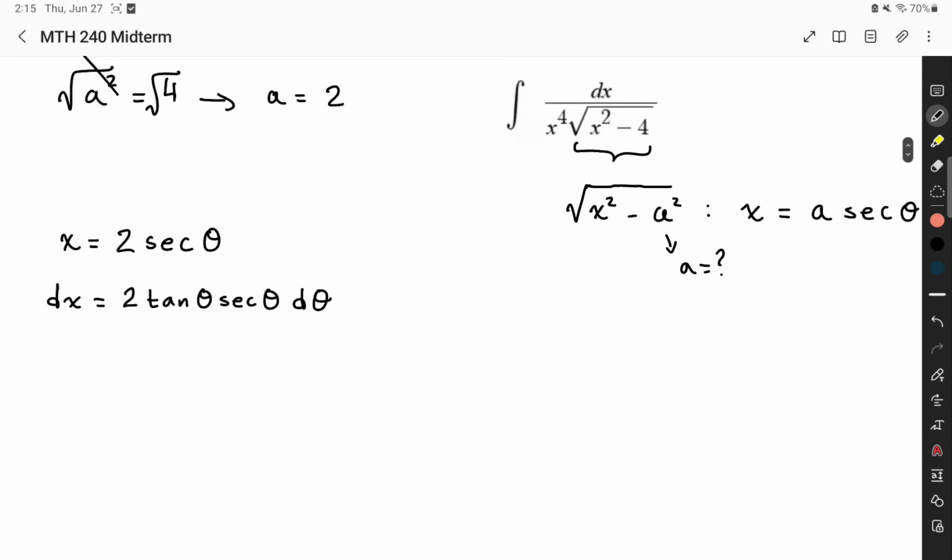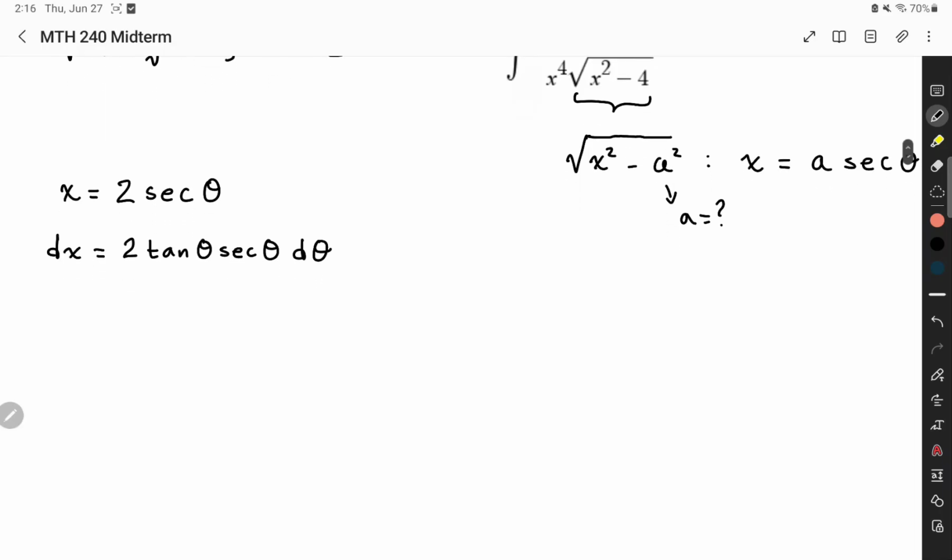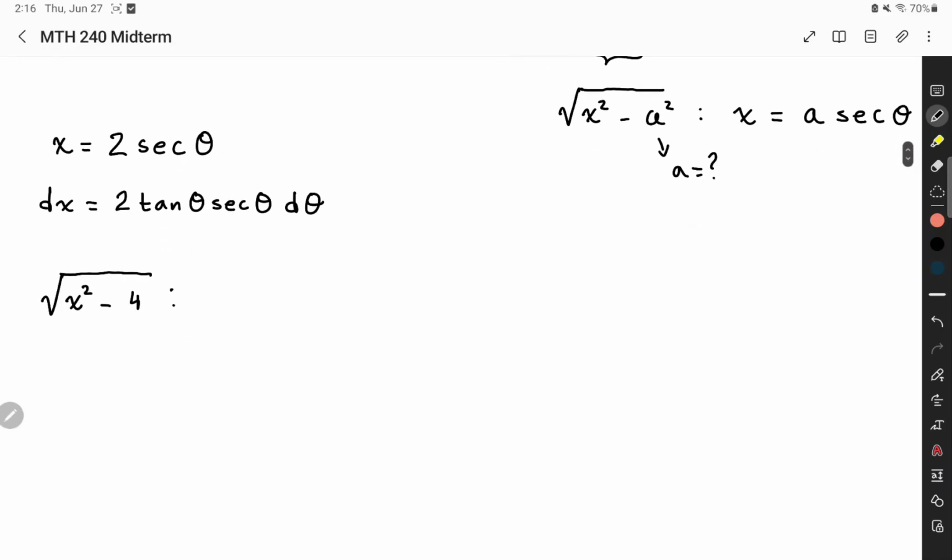So let's first start off with rewriting this expression right here, the actual square root. So the x squared minus 4. Let's go ahead and start rewriting that. So if we know that x is equal to 2 secant theta, then we can write 2 secant theta squared minus 4.